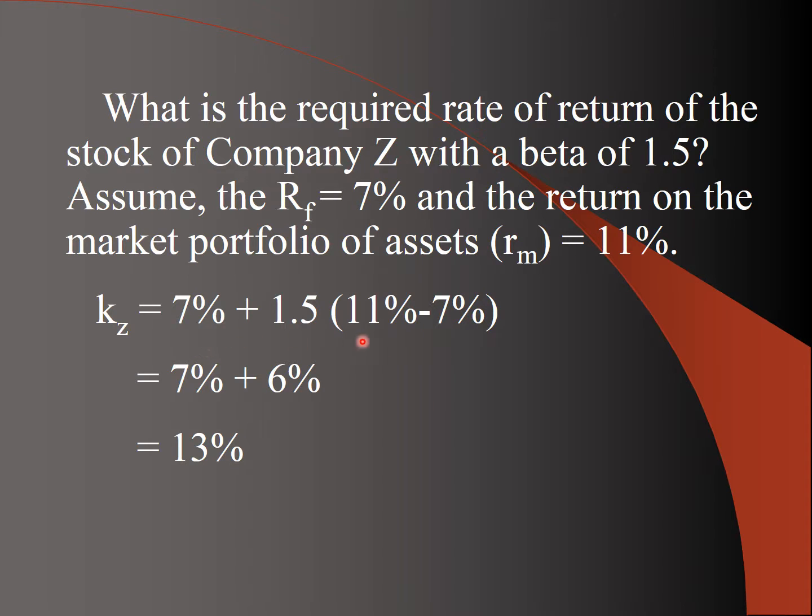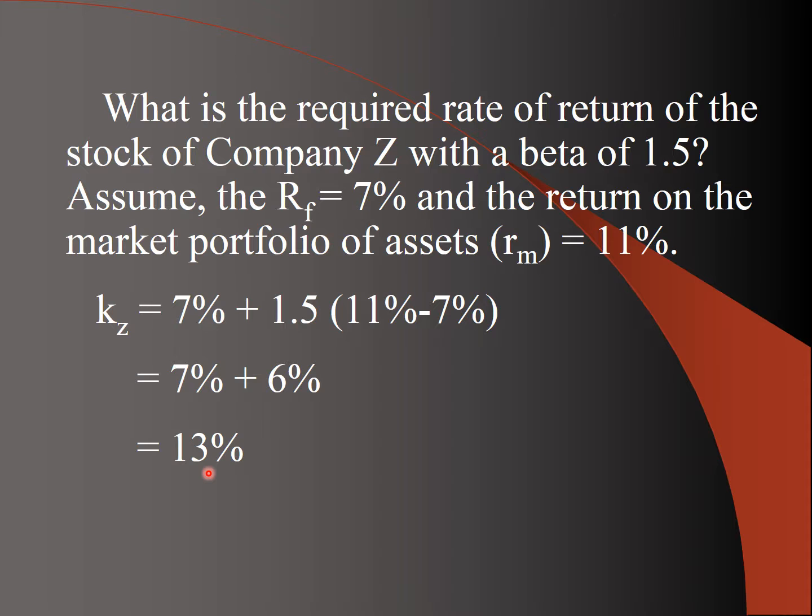So if you just do the math here, we get 7% plus 6%, which comes up to a total of 13%. So what this is saying is that in order to invest in this security, a fair rate of return would be 13%. Okay, 13% should be the rate of return that you're requiring.